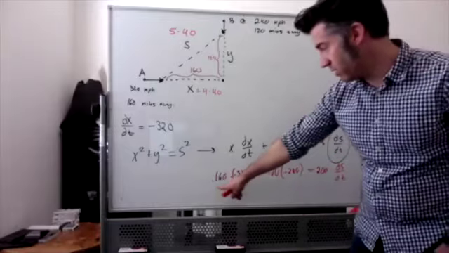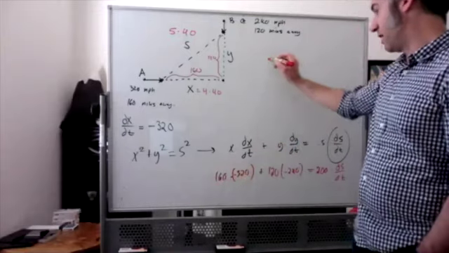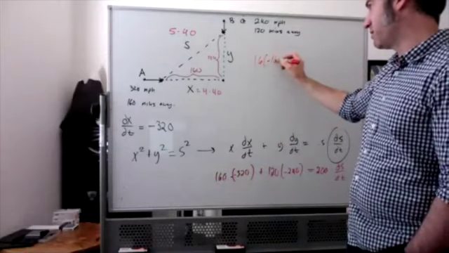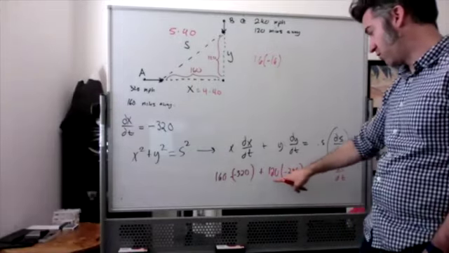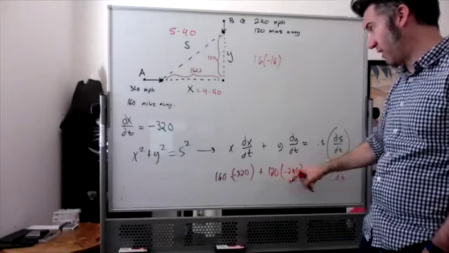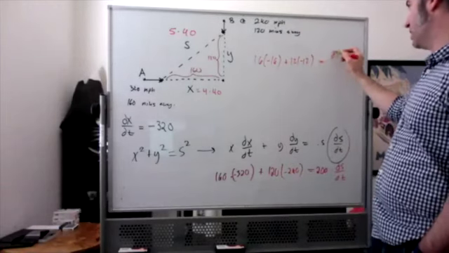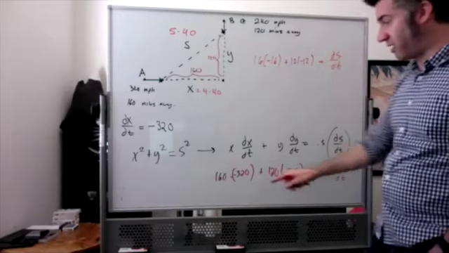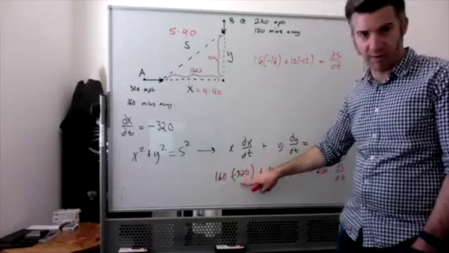If you divide this by 200, I'm going to divide this by 10 and this by 20 to get 16 times negative 16. I'm going to divide this by 200 and get 12 times negative 12 equals ds/dt. So I divided this by 200, dividing by 10, dividing by 10, and dividing by 2.